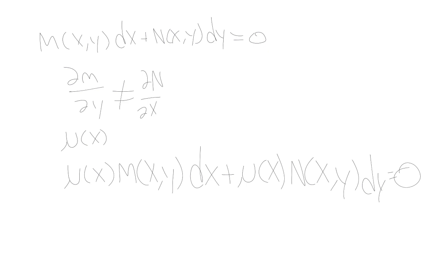And assuming that this integrating factor, mu of x, does what I said it would do, then it would make this differential equation right here, which I'll circle in red, exact.